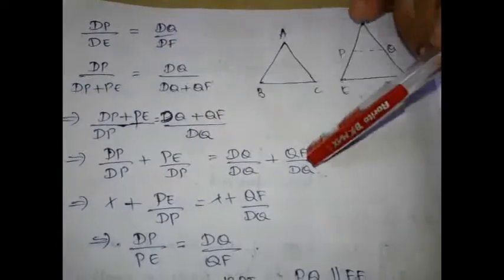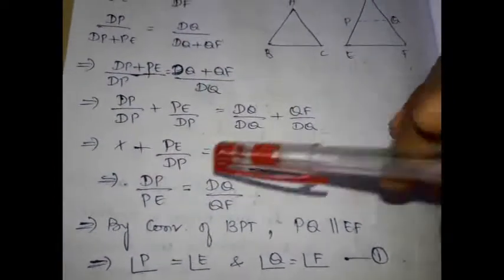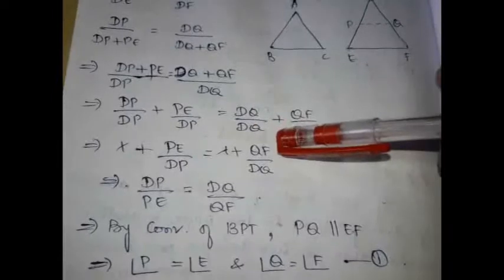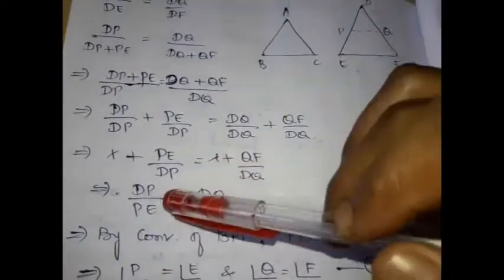Similarly, here also we have split it. This will become 1, this will also become 1. 1 will get cancelled. So we arrived at PE by DP equals QF by DQ. Again we are reciprocating it. What we got now? DP by PE equals DQ by QF.